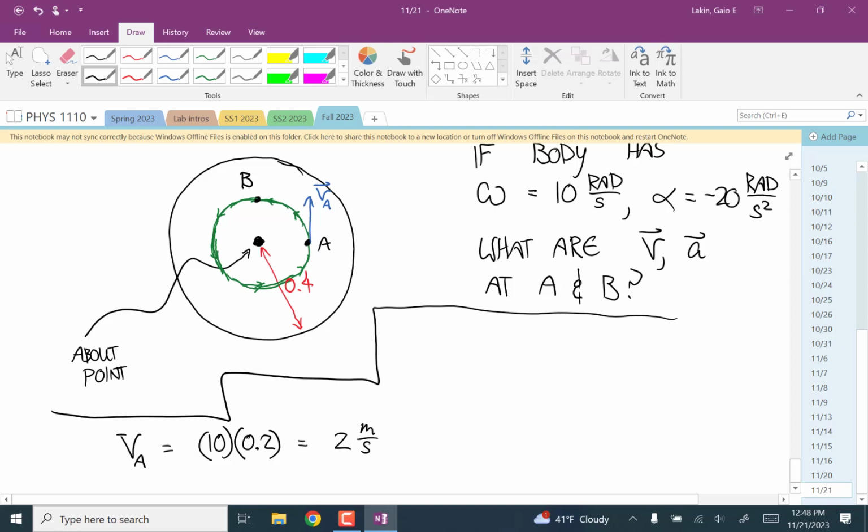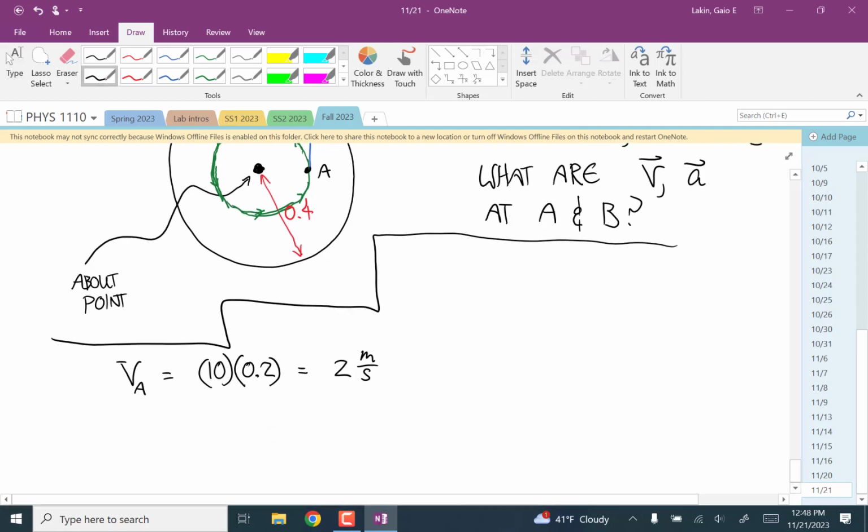We figured out visually that the direction is up. So now that we know the magnitude, the velocity vector of point A is (0, 2), or you could just think of it as 2 pointing in this direction.